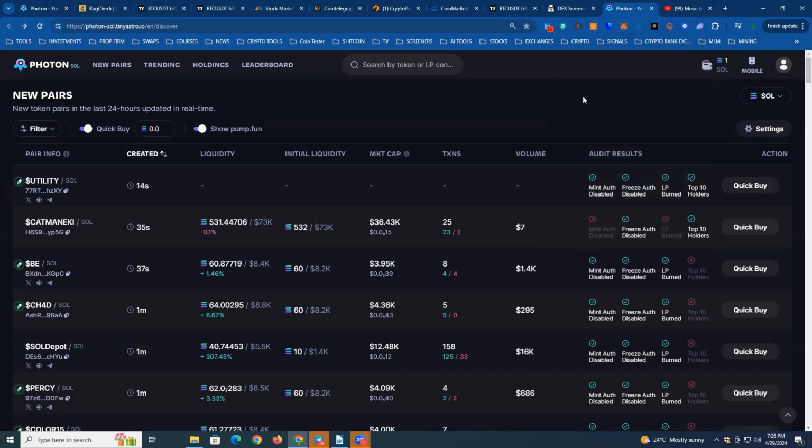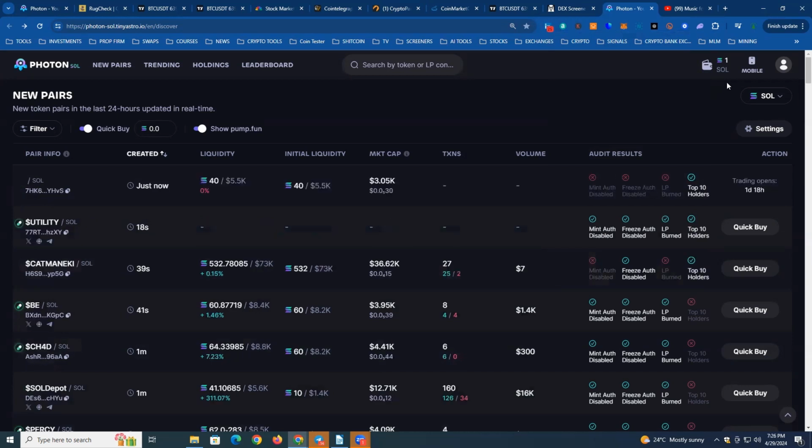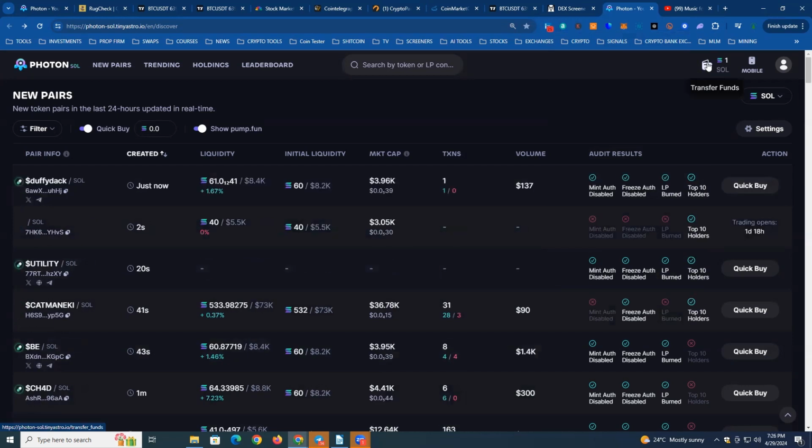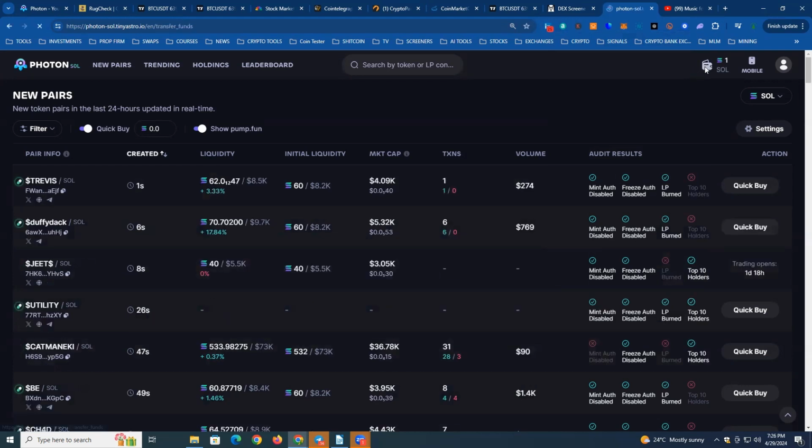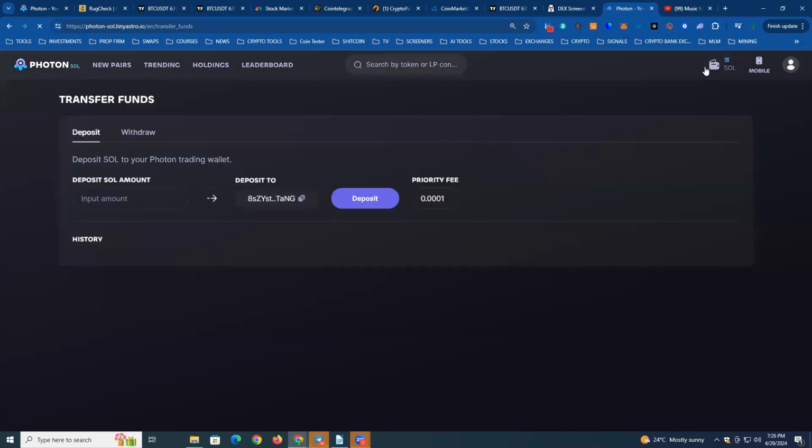Once you have placed Solana coins in your wallet, you would then transfer funds from your Phantom wallet into the Photon wallet. To give you an idea of how that is done, you would notice that I've already placed one Solana's worth of funds in this particular platform already.